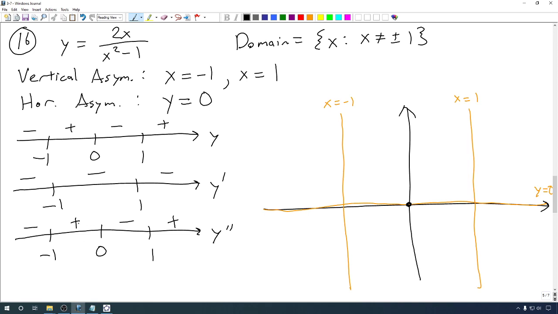And because the concavity actually changes at 0, it's also the only inflection point. So that's a pretty significant point for this graph. But we know that our function has to be negative over here until we get to x equals negative 1. And it also has to be decreasing.